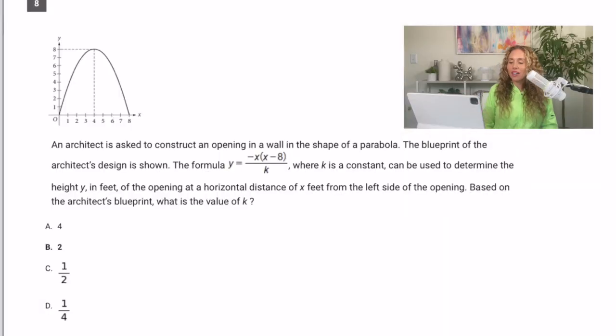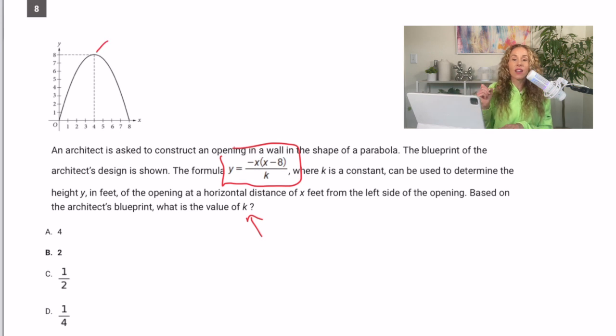All right, question 8. So they give us this parabola, they give us a formula, they want the value of k. I don't even need to read all of that. Honestly, when I look at the picture, it's clear that they're pointing to the vertex. That is basically screaming, use me, use me. We know the vertex is at 4, 8.